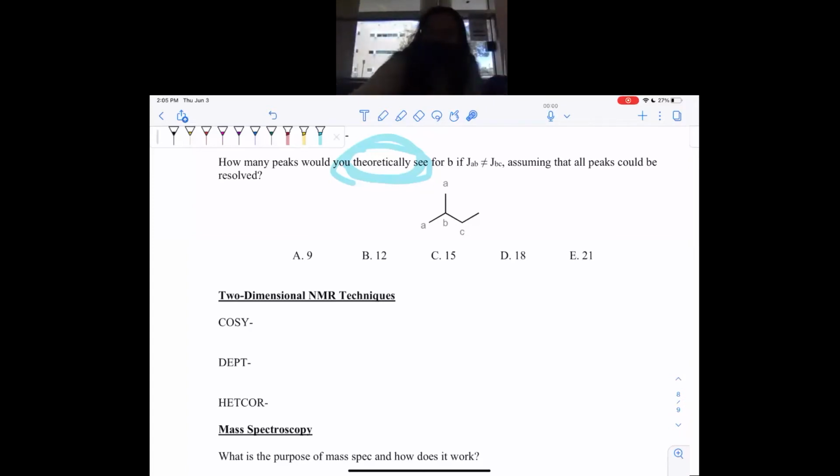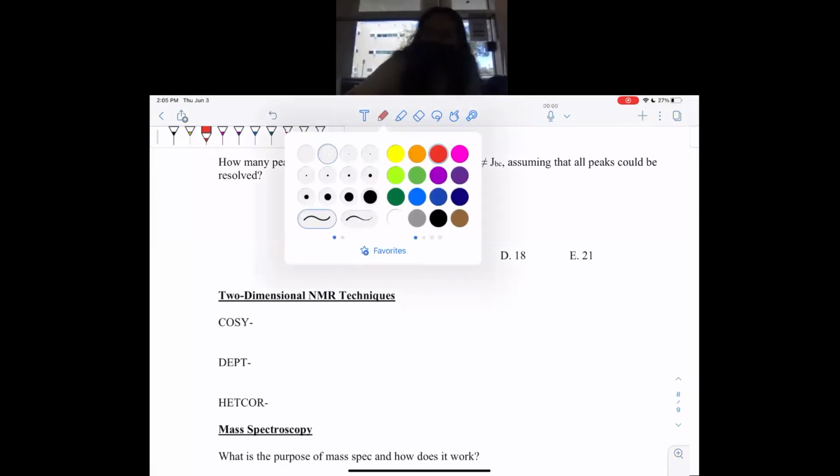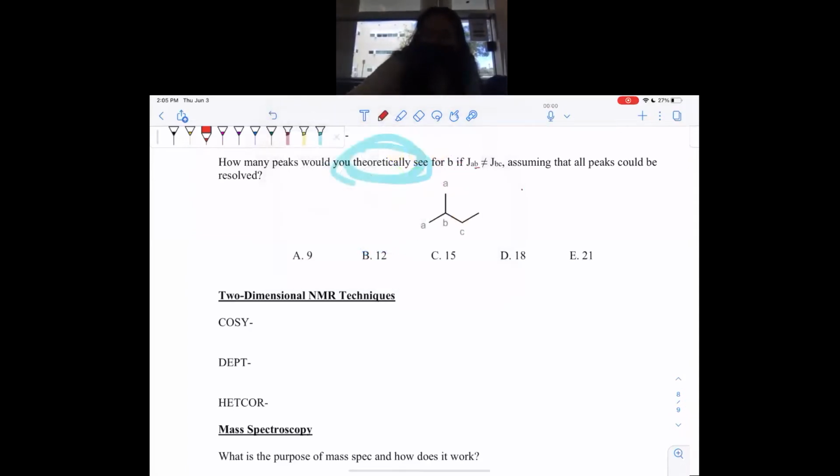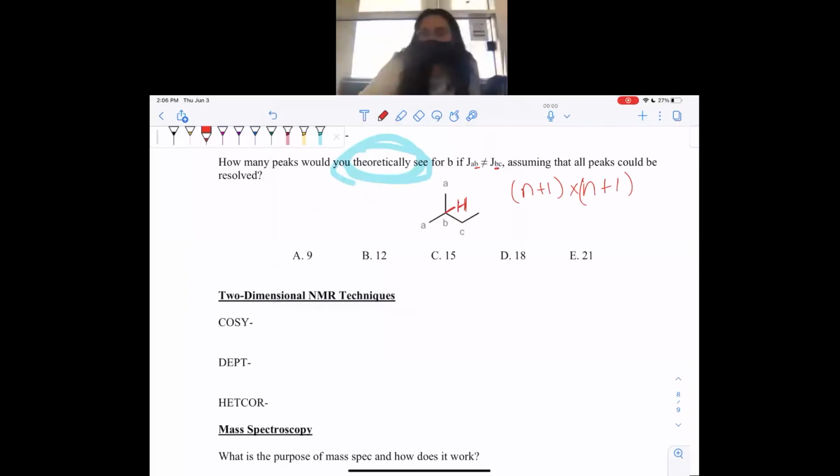So we also know that he said B. Usually he'll tell you what is the splitting for hydrogen B. So we know we have hydrogen B. And complex splitting automatically means n plus 1 times n plus 1. So the first n is what?